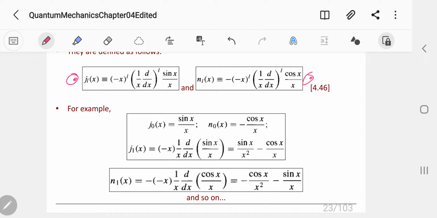So you can see the difference. The n_L(x) has a negative sign as compared to this, and you have a cosine instead of a sine.